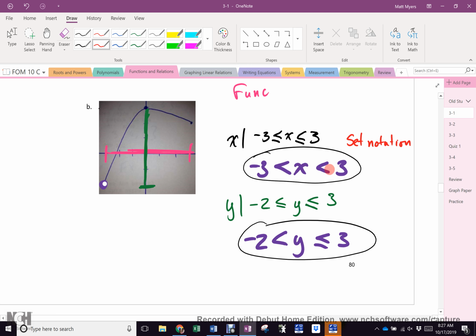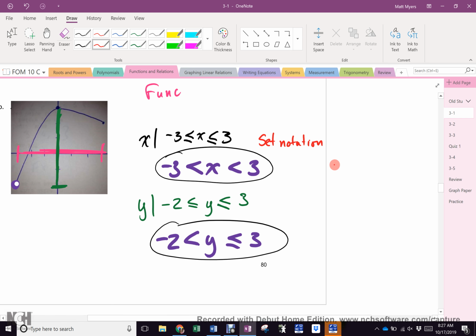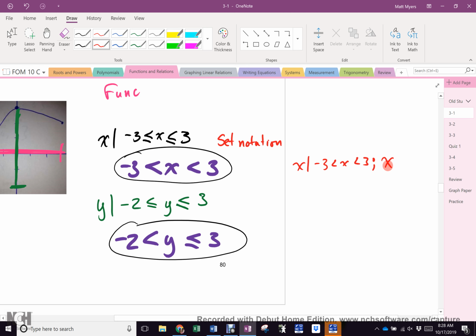When you write it out properly, it's usually written like this, and you don't need to do this. X, such that, that's what that little line means, -3 less than x less than 3. Then there's a semicolon. Then x with this little weird E sign and an R to say x is all the real numbers, meaning all the decimals, all the fractions, everything.